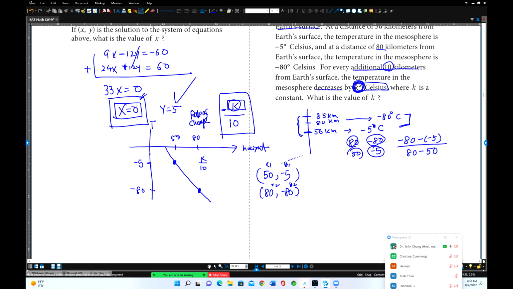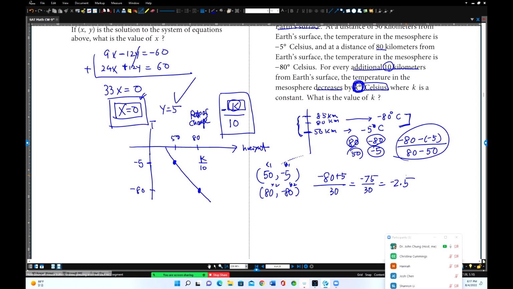So this is y2 minus y1 over x2 minus x1, that equals this rate. Negative 80 minus 5... negative 75? Negative 80 plus 5 over 30 equals negative 75 over 30, which equals how much? Negative 2.5, okay?